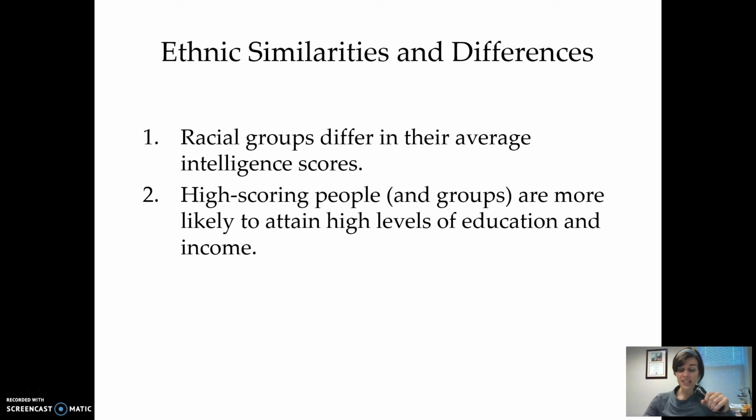When we talk about race and ethnicity, it is very well reported that racial groups differ in their average intelligence scores. So your textbook actually notes that here, that this happens across the globe. In general, groups that tend to be more privileged tend to score higher on intelligence tests than groups that have typically been oppressed. So your book notes that New Zealanders of European descent, who tend to be more privileged, tend to score higher in IQ tests than native Maori New Zealanders.